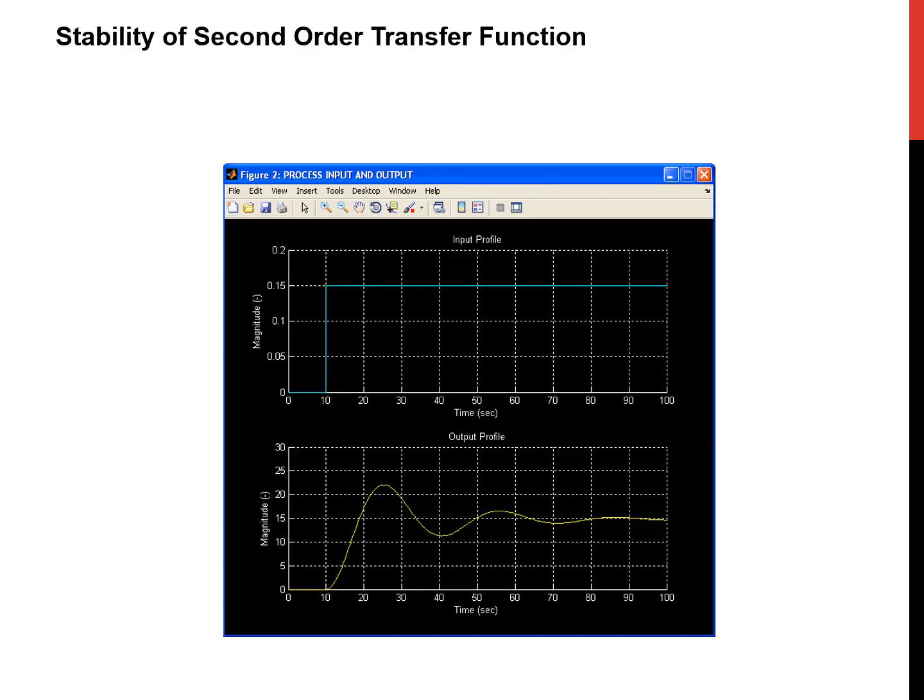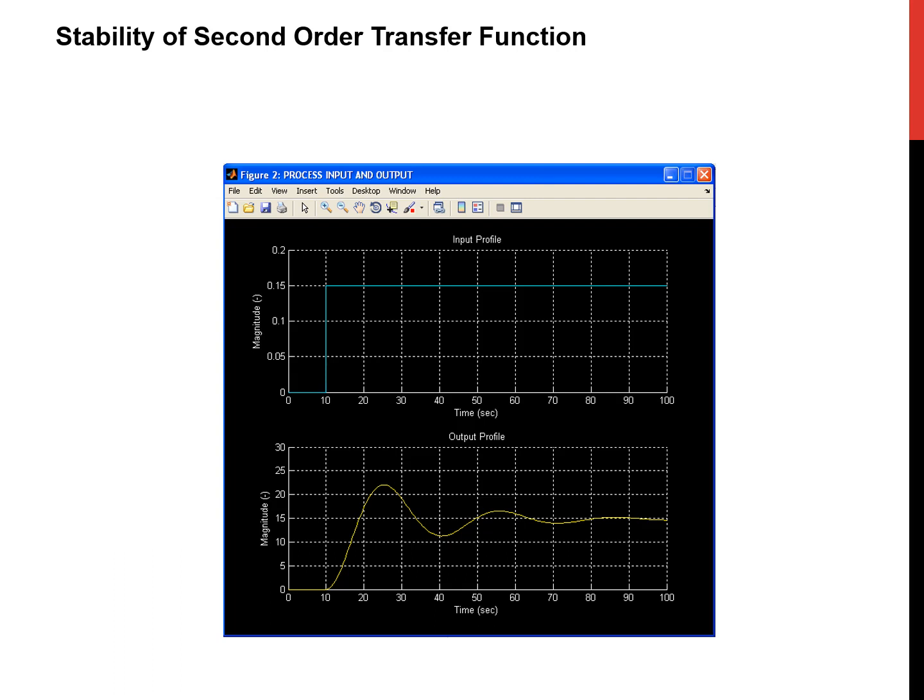So the first order is usually identified as a stable response. For the second order, you have three classes depending on the damping coefficient: either overdamped, critically damped, or underdamped. For the overdamped and the critically damped, the response is like the first order.